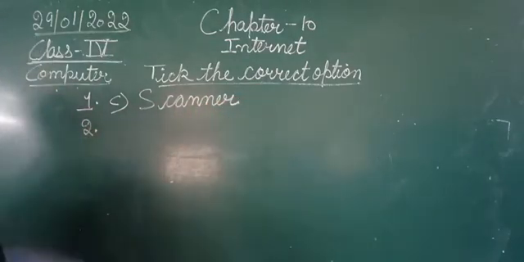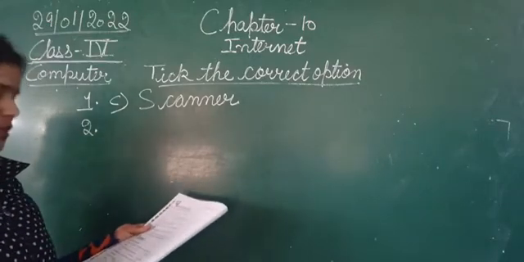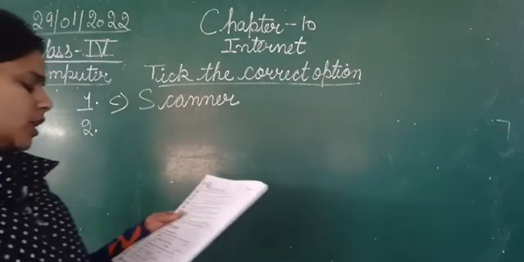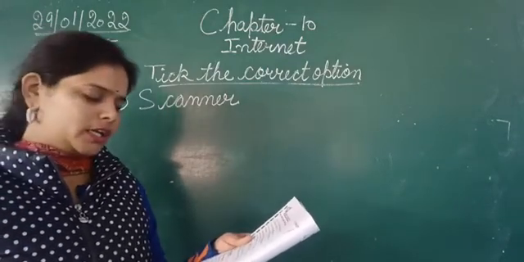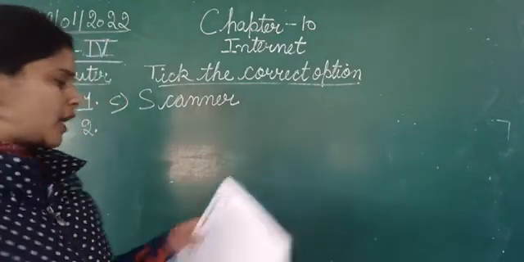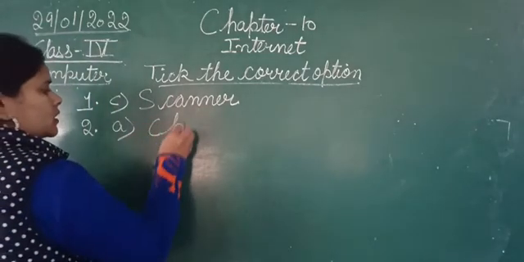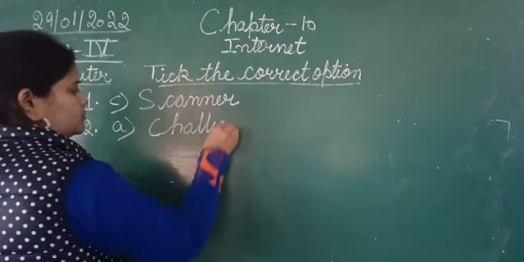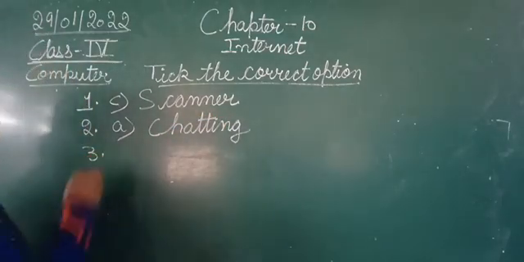Moving next to the second one. You can communicate on internet through chatting, browsing or advertising. So we can communicate on internet through chatting, that is option number A. That is known as chatting. Moving next to the third one.